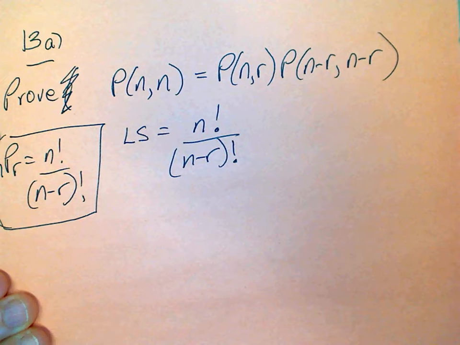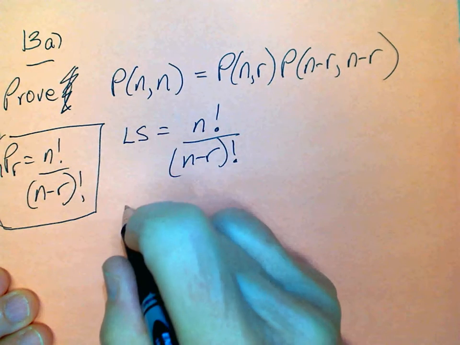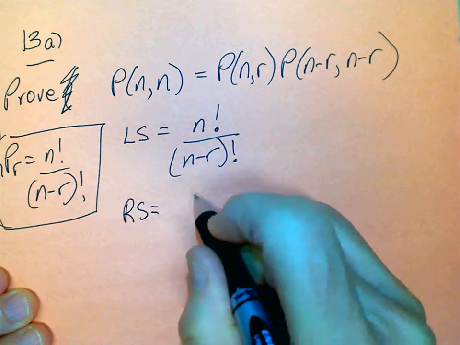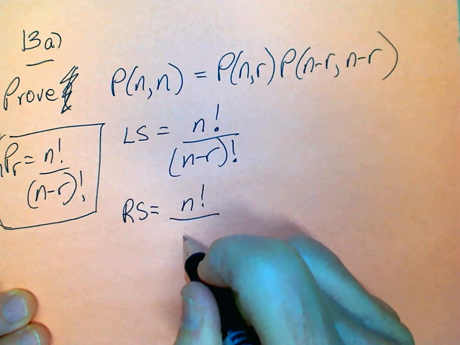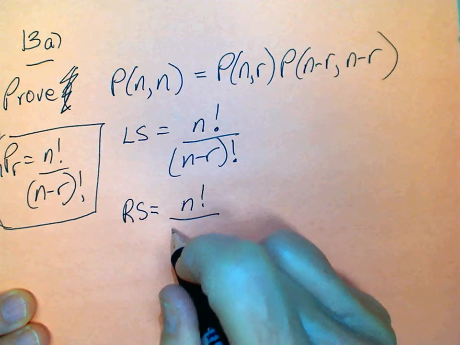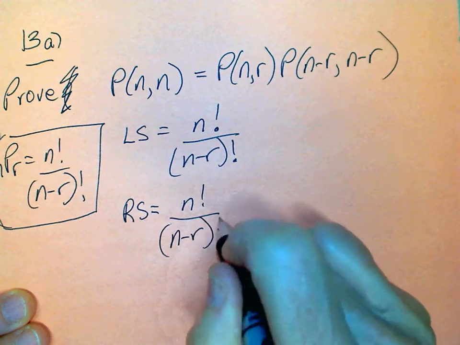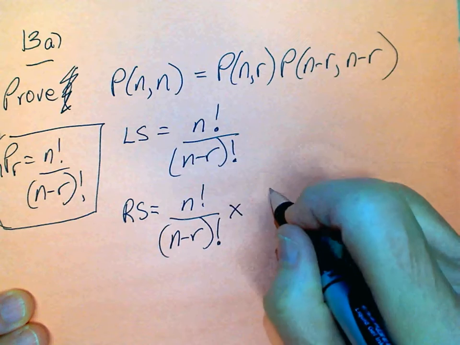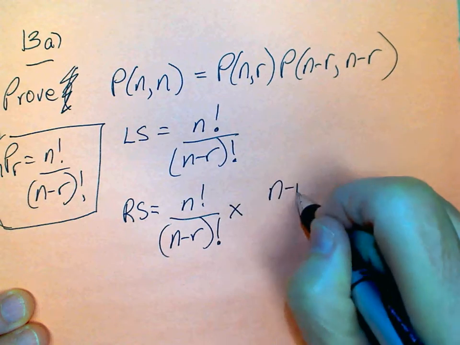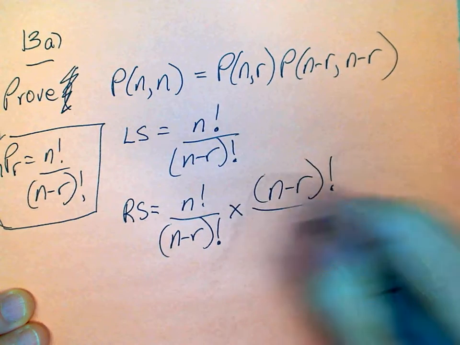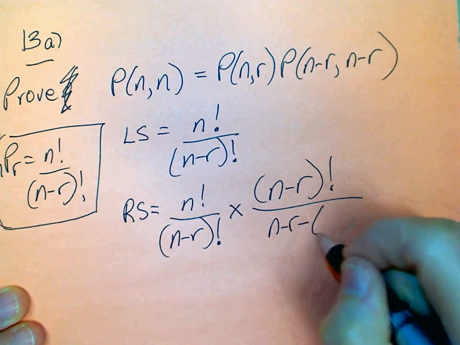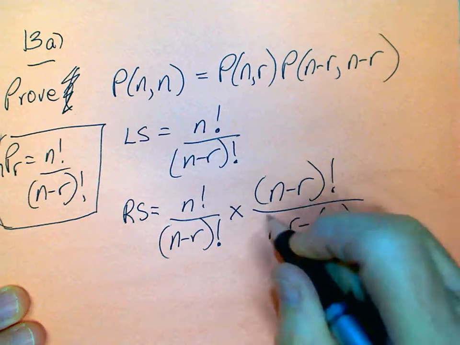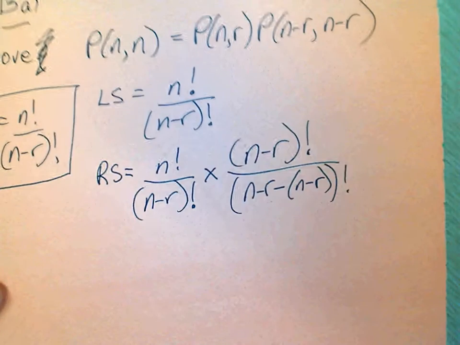So now we have right side equals n factorial over n minus r factorial times n minus r factorial all over n minus r, the whole thing, factorial. Yep. Okay.